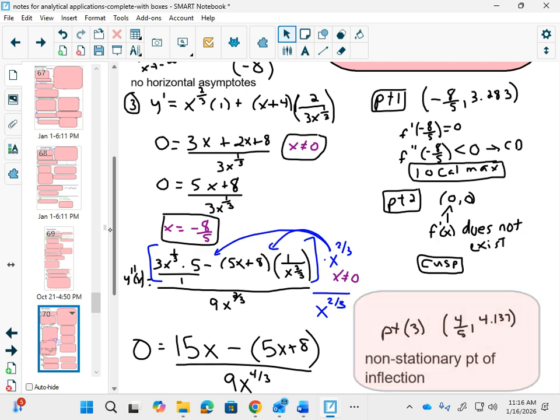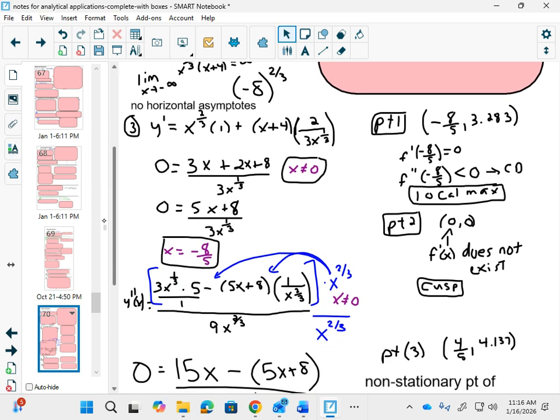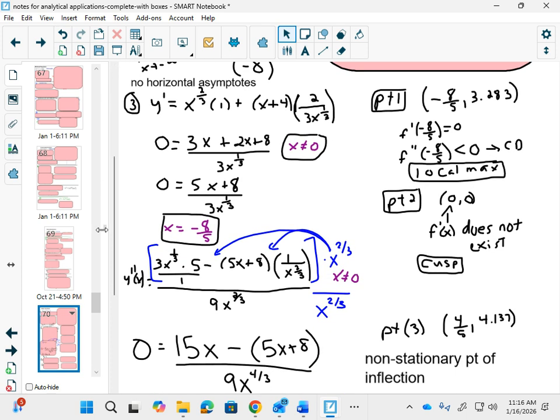And here's our inflection point. Of course, you need a calculator for that. I'll wait.